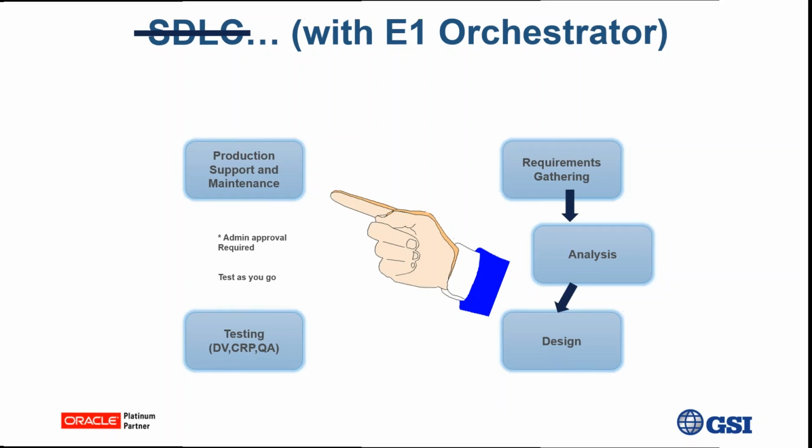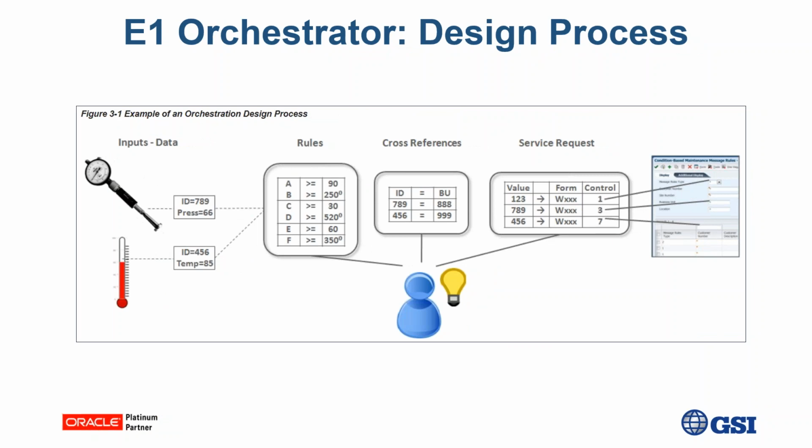So next slide, the E1 Orchestrator design process. This image is like a storyboard that represents the orchestration process or design process. It flows from left to right. As you can see, there is input, or the data that starts any orchestration.